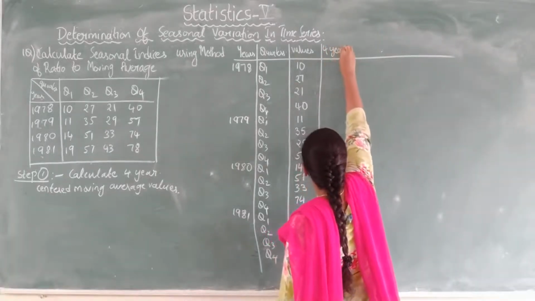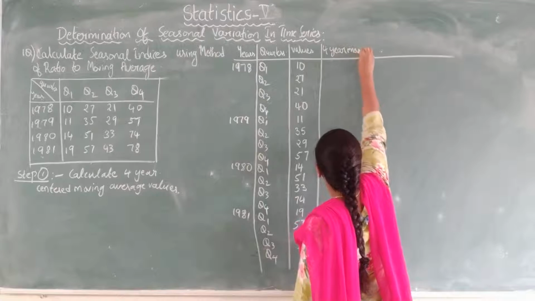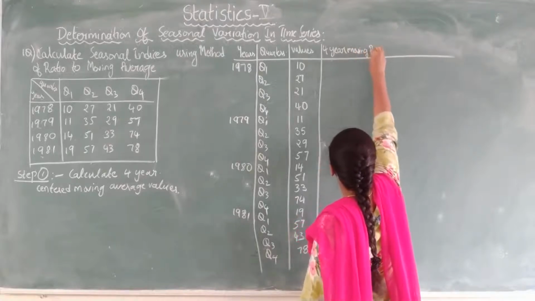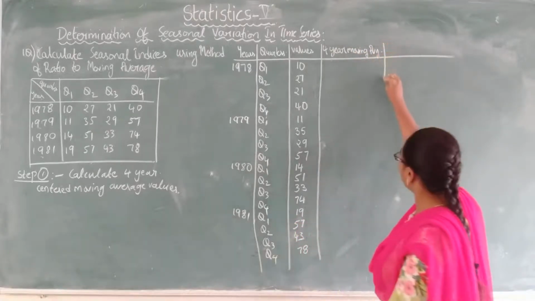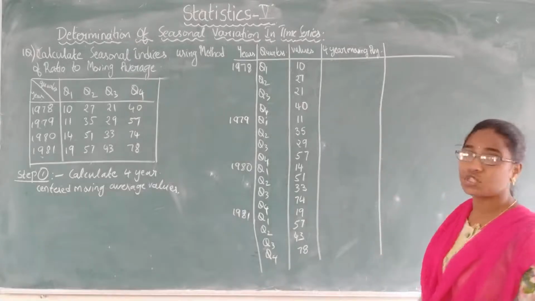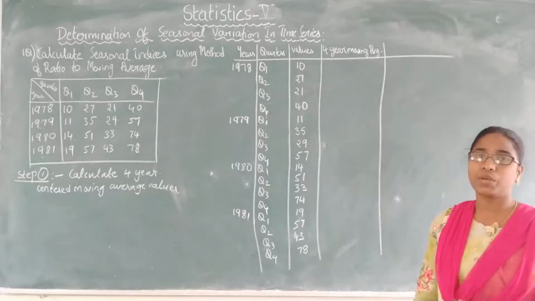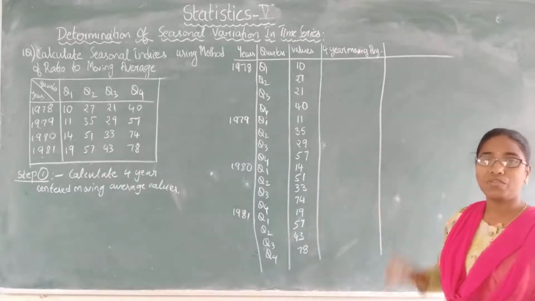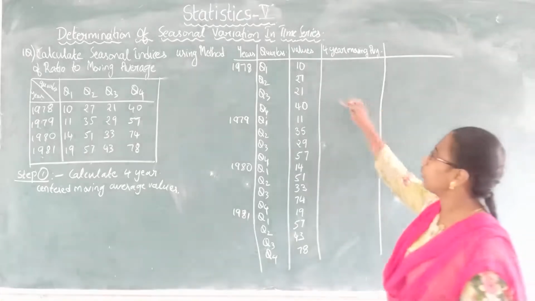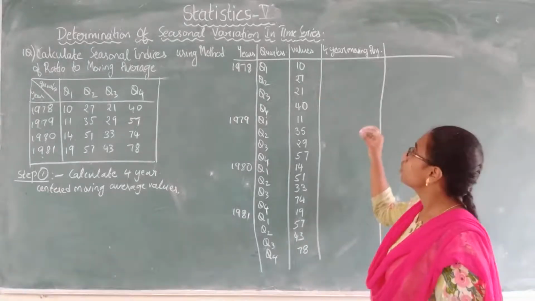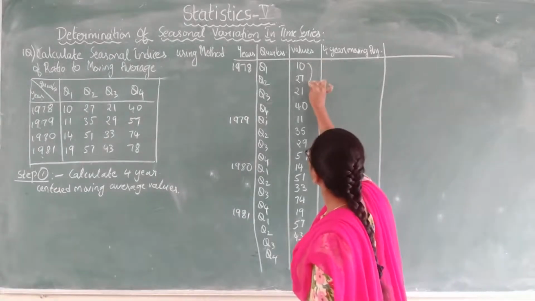This 4 is an even number, right? The period of the moving average is 4, and since 4 is even, you will not get synchronization between the time points and the moving averages. You will get the value in between 2 values. First, calculate the moving average of the first 4 values.